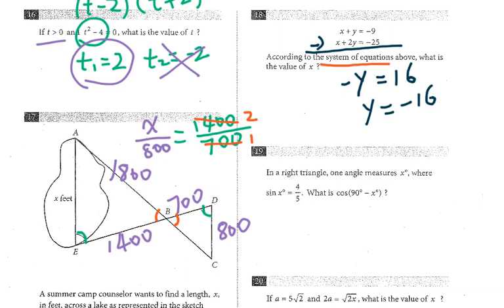Then from the first equation, you will get x equals negative 9 minus y. So we plug in, you will get negative 9 minus negative 16. You will get 7. So x will be 7.